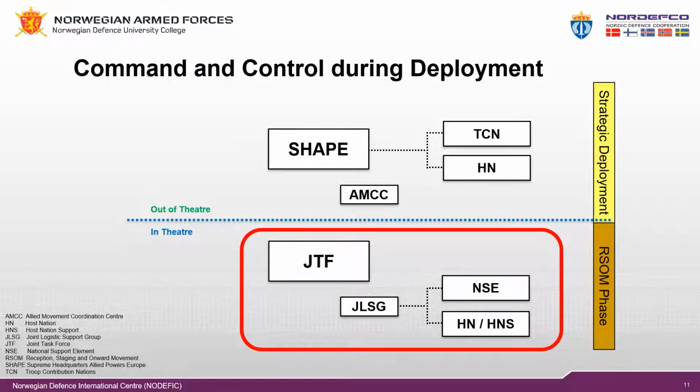Joint Logistic Support Group will coordinate the reception, staging, and onward movement process with national support elements, host nations, and contracted agencies that will support with logistics resources during the operation.